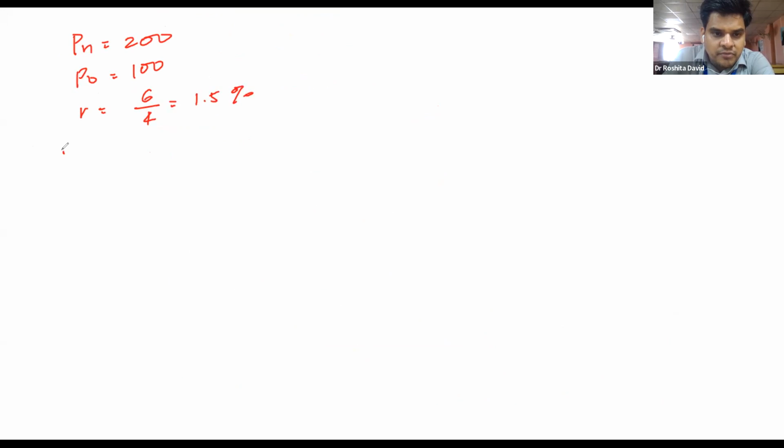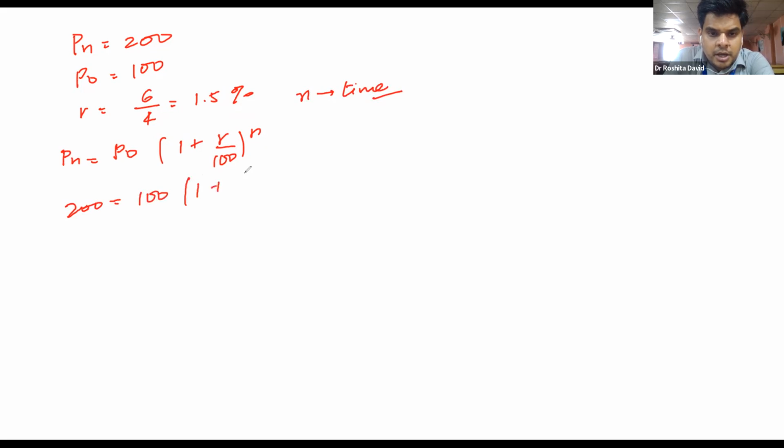Okay, so you know the formula for compound interest, the amount formula: Pn is equal to P0 times (1 plus R upon 100) to the power n. N is the time. So here, if I put the values, I get R as 1.5 by 100, right? So 200 by 100 is going to be 2, and this is going to be 0.015 after division, and when I add this, 1.015.